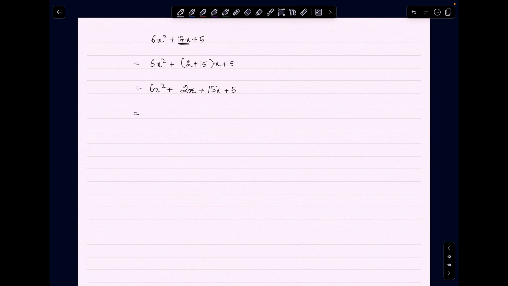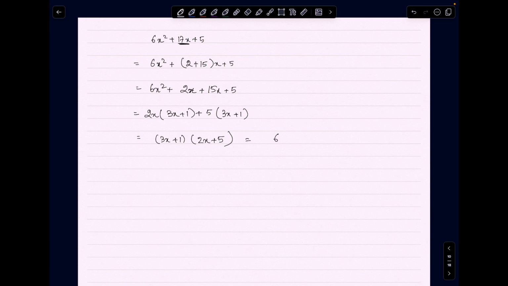Now I take 2x as common, so here I am getting 3x plus 1. Here I am taking 5 common, this is also coming as 3x plus 1. So 3x plus 1 into 2x plus 5. I am taking 3x plus 1 common, so what is left is 2x plus 5.